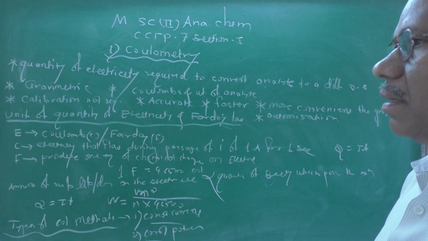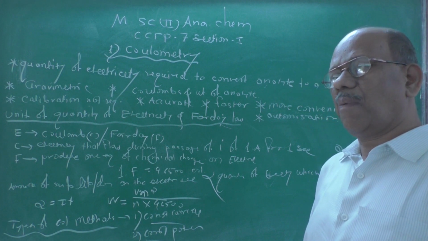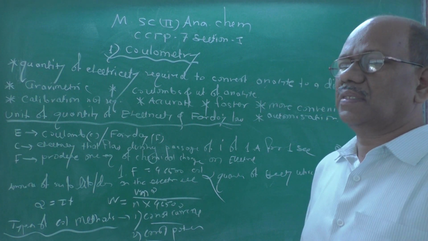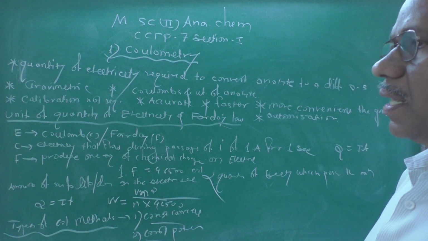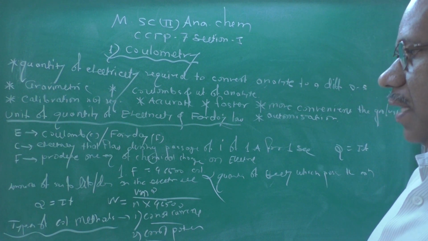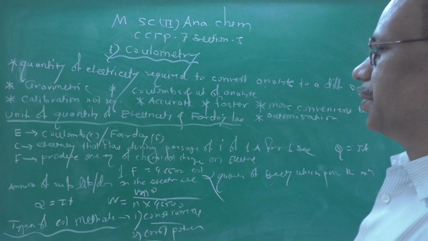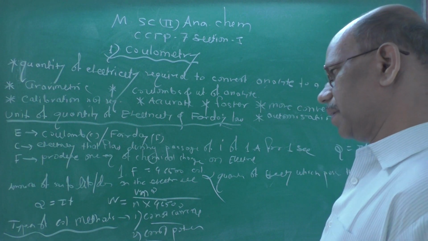Faraday's second law: the chemical equivalence of a substance is directly proportional to its atomic weight. Then the mathematical expression for quantity of electricity, Q is equal to IT.